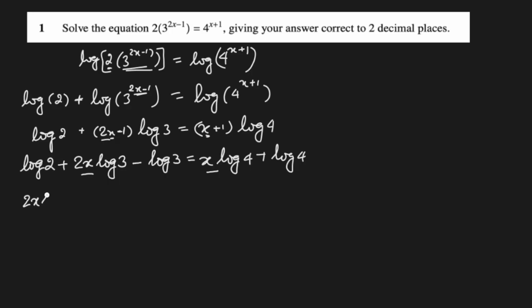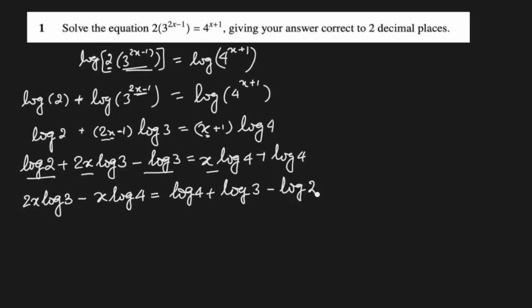So 2x log 3 stays where it is. This x log 4 will come to the left side. We'll change its sign. Now log 2 is positive here, this is negative here. So both of them will change their signs. So log 4 is already on the right side. Log 3 becomes positive and log 2 becomes negative.